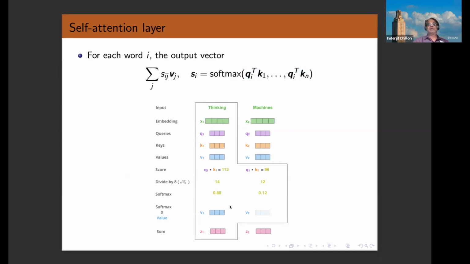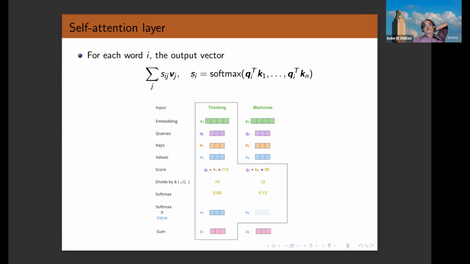In this example, 112 divided by 8 gives 14, 96 divided by 8 gives 12. When you take the softmax of this vector 14 and 12, it gives you a much peakier distribution, 0.88 to 0.12, whereas 14 and 12 were not that different. But because it's an exponential function, the softmax can actually be quite different.